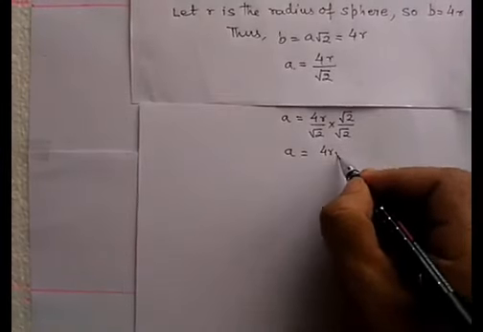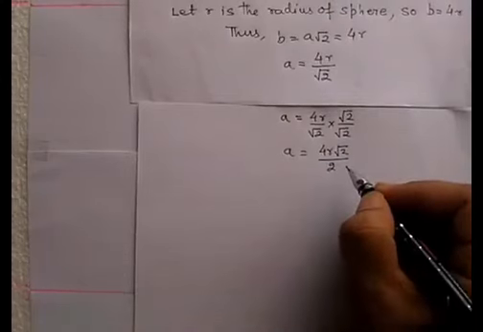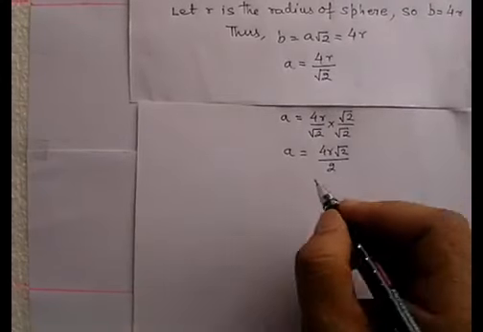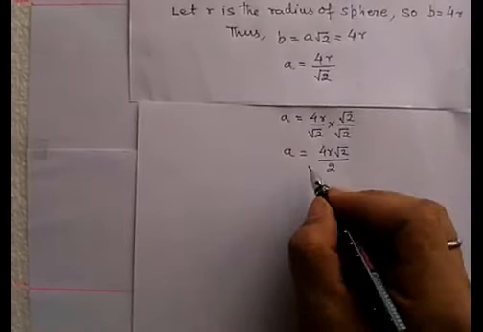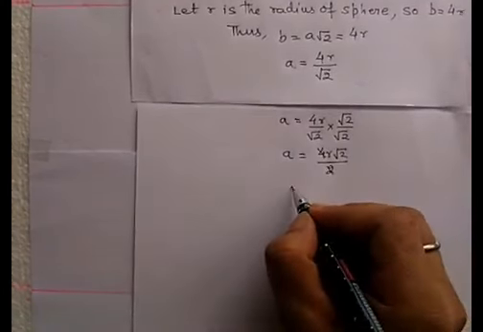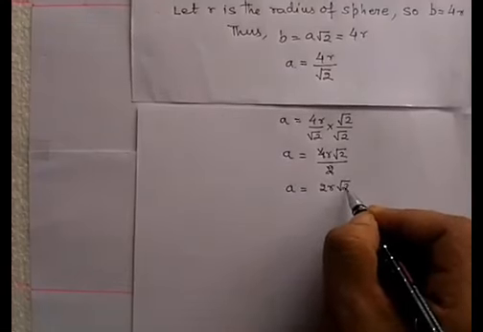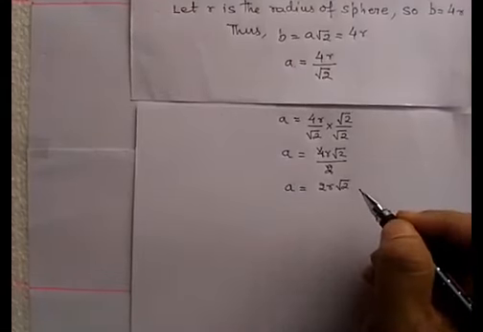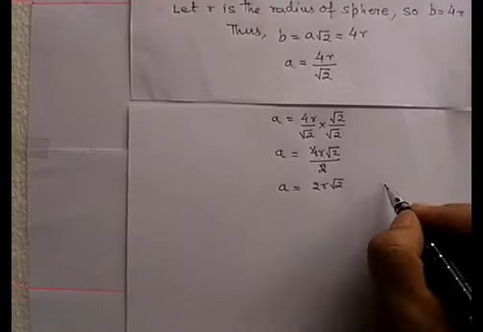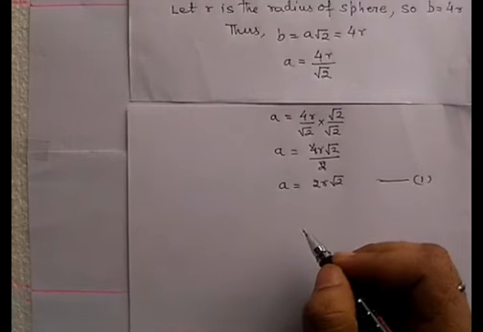So this can be written like this, and these values will turn into 2. Now this 2 can cancel this 4 to form a is equal to 2r root 2. Let's consider this to be equation number 1, and now proceed.